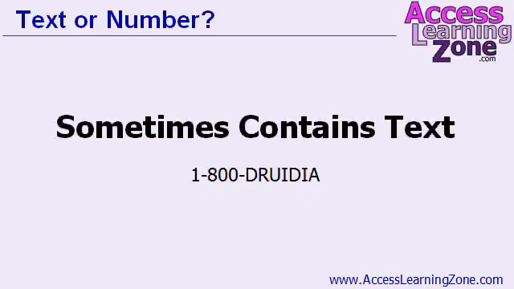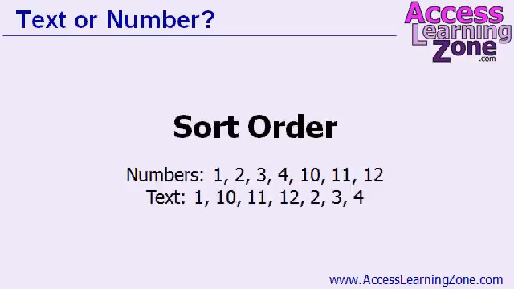Most obviously, sometimes phone numbers can contain text. If you see a phone number somewhere for a contact and it includes text values, you don't want to have to stop and grab your phone and translate those from letters to numbers. You can just type in the text right into your database. Another consideration that usually comes into play later on is sort order.